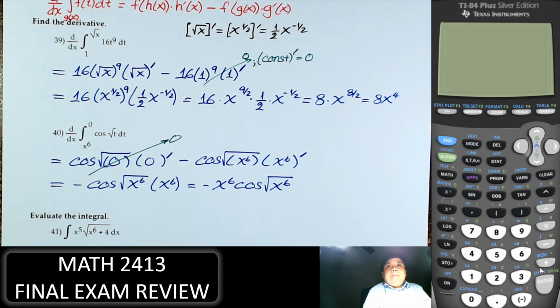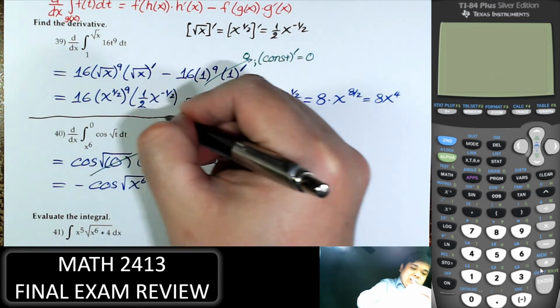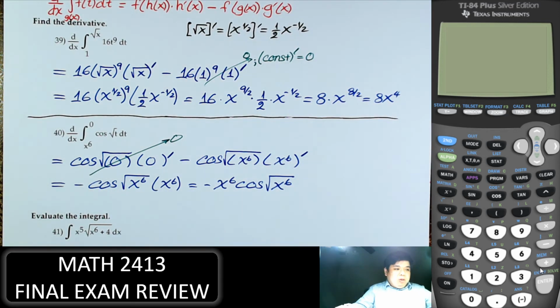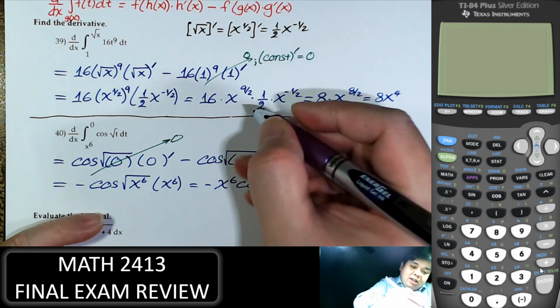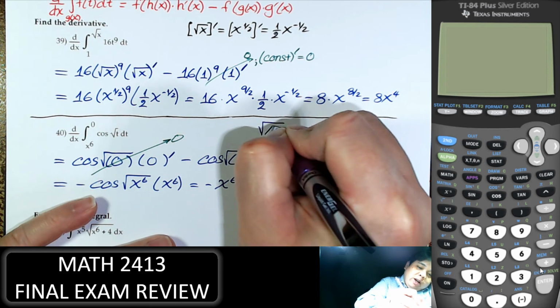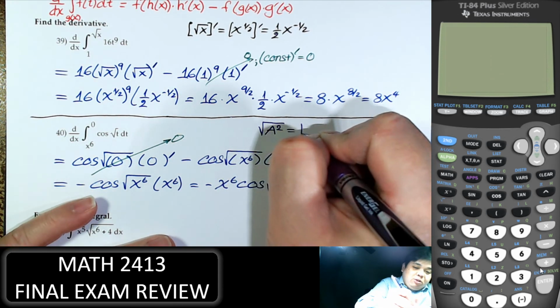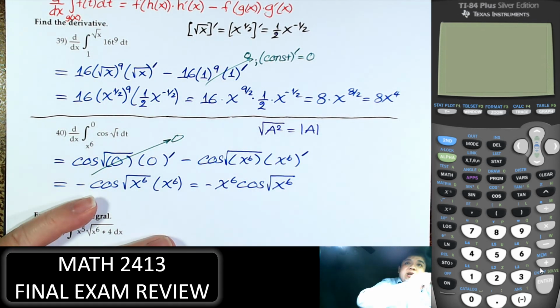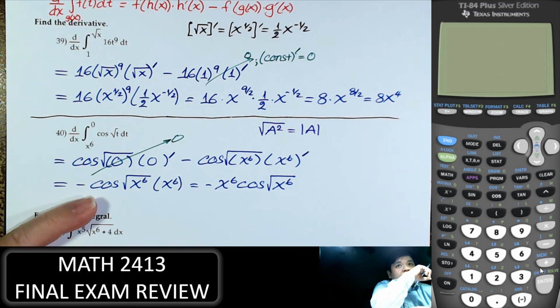Of course, that is the answer, acceptable answer. But remember, way back we have the properties that says square root of a squared is equal to absolute value of a. And so we don't know if x is positive or negative.